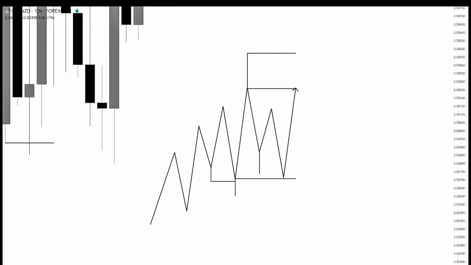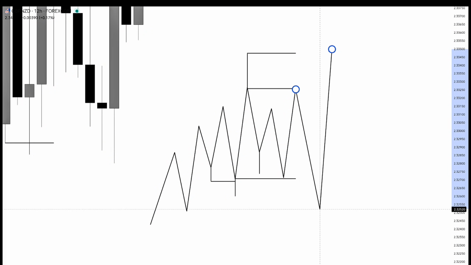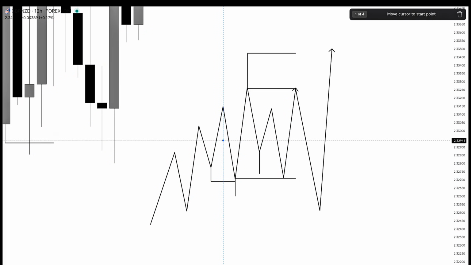You anticipate this particular rejection, this reaction like this, coming down for this entry, making this whole first POI that you marked out here a liquidity for the below POI, provided there is one. If there is none, then you anticipate a rebound on your entry, then to the upside again. But the fact that there is one, you anticipate this, then this becomes a liquidity for that particular external range liquidity.